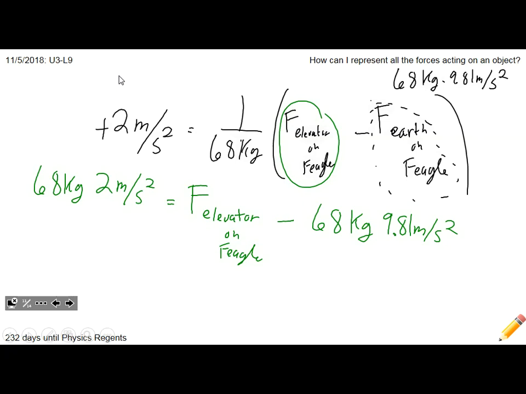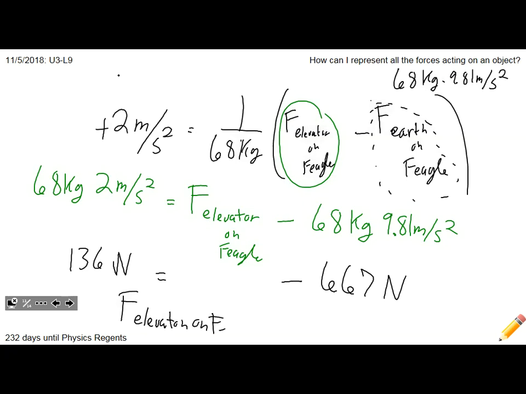So it's 68 times 2, so this side is 136 newtons. Then I do 68 times 9.81. Okay, and then I add this to the other side. So 136 plus 667, and I get that the force of the elevator on Fiegel is 803.